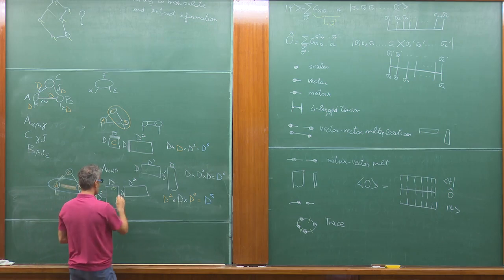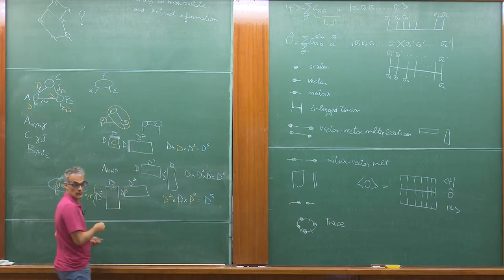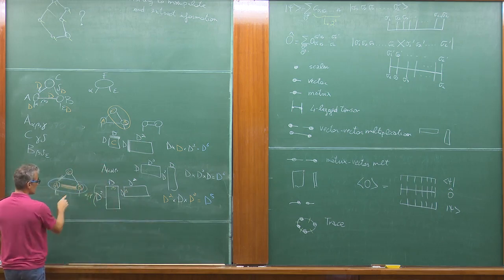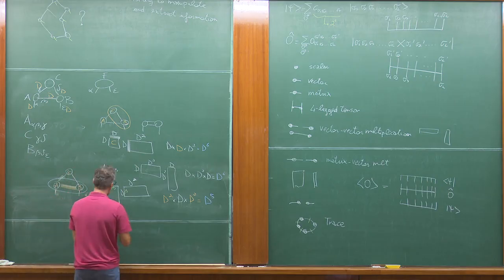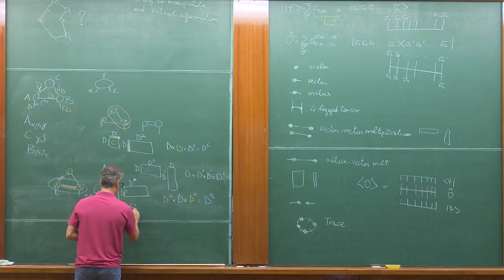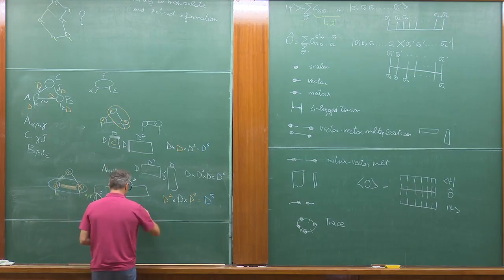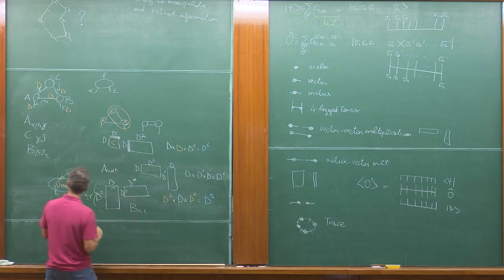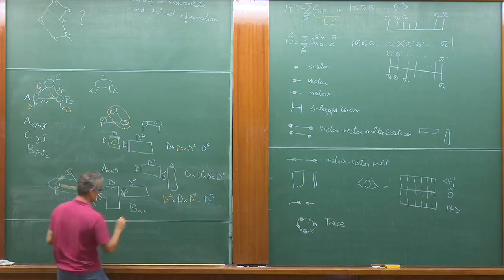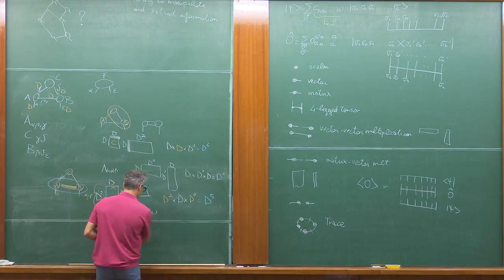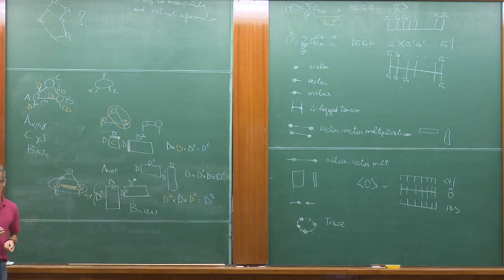And then here again, I will have beta on this side, because B I reshape in a way, I have beta, and then delta and epsilon together. Okay? Cool.